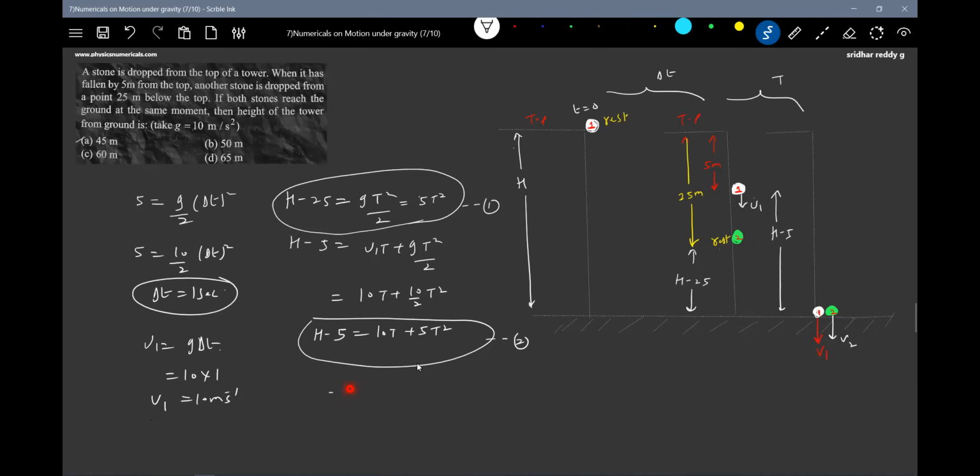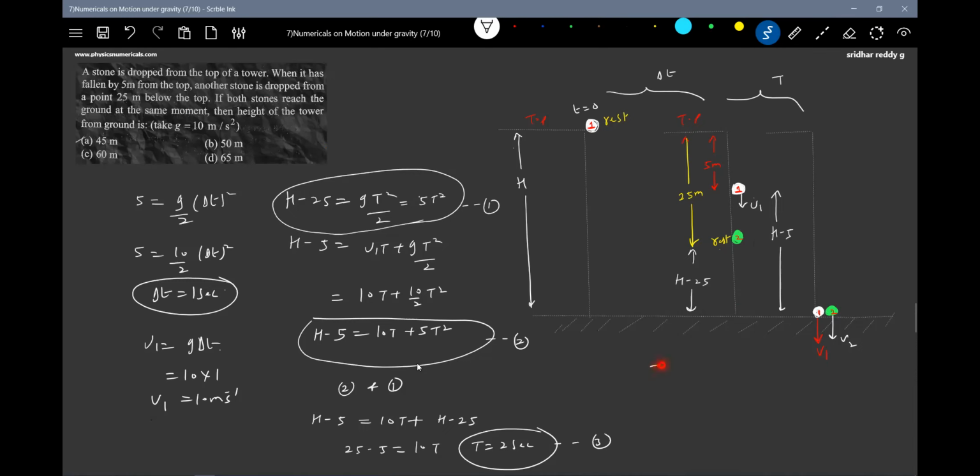It's about mathematics here. We have written the equations, and we have to solve from 2 and 1. So h minus 5 equals 10t plus 5t square, and 5t square will be h minus 25. This h will get eliminated. 25 minus 5 equals 10t, or t equals 2 seconds. Once you know t, then you can find the h value. This is equation 3.